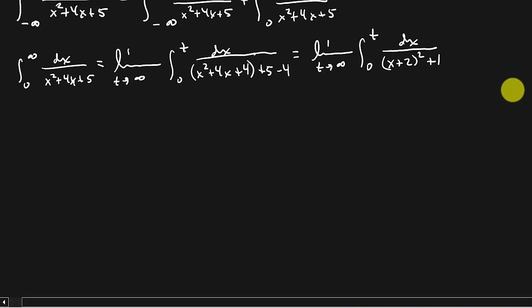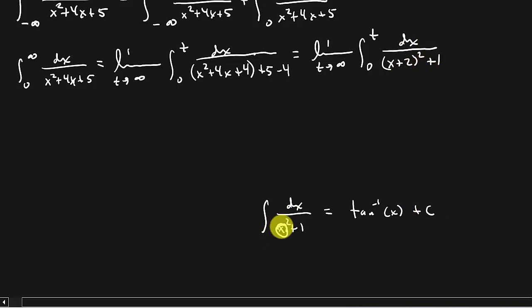All right. So at first, when you look at it, it might look like, well, that doesn't really help me much. But look at it a little closer. What if we do this? What if we integrate dx over x squared plus 1? What's the antiderivative of that? Well, that's inverse tangent x, right? Well, you can see this is in the same form as this.